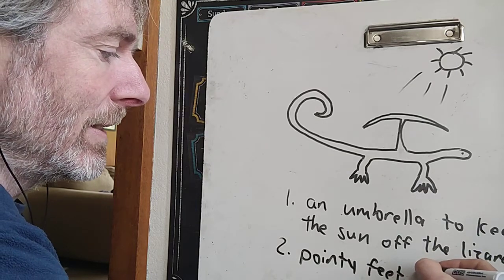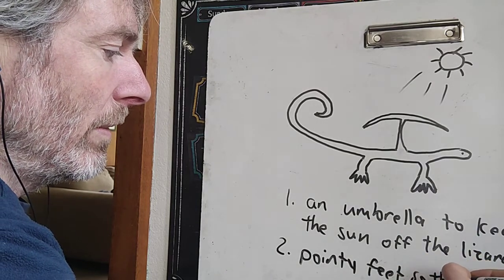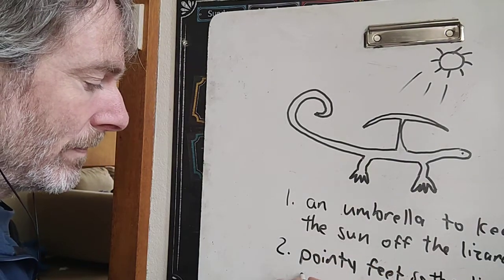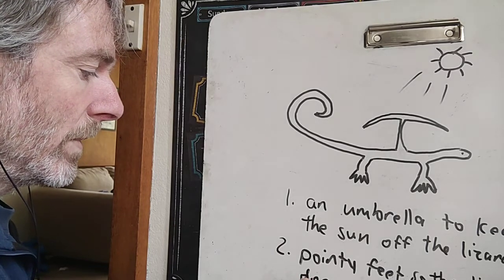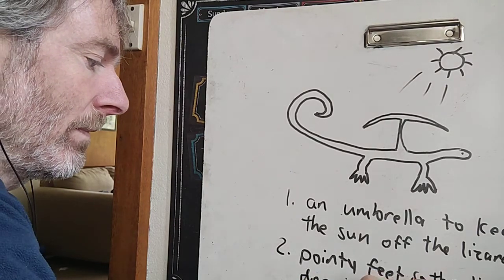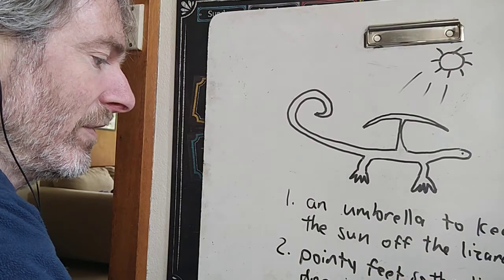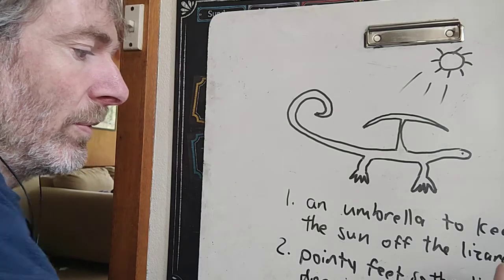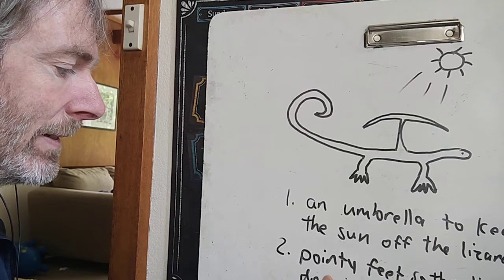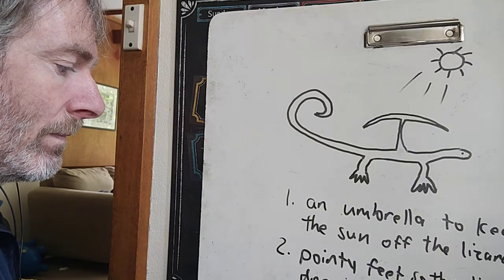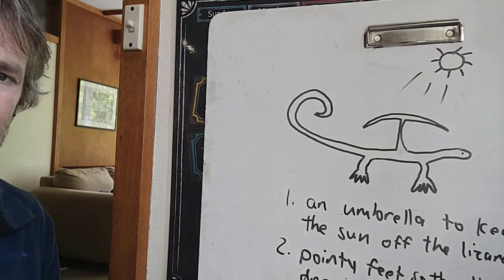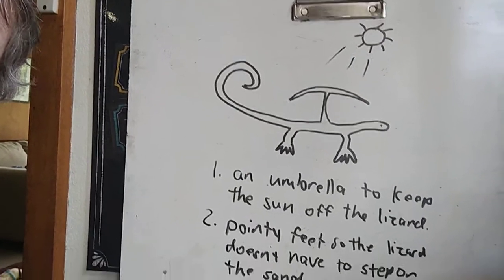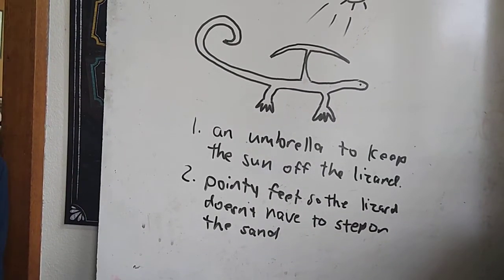Pointy feet, so the lizard doesn't have to step on the sand. You can't see my writing, I know it is a little messy. So my animal is some kind of lizard.